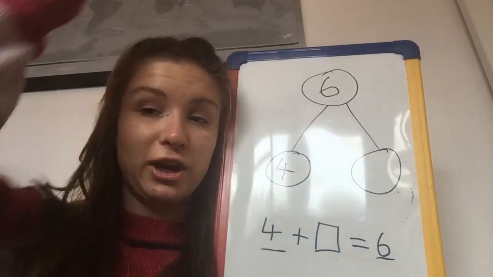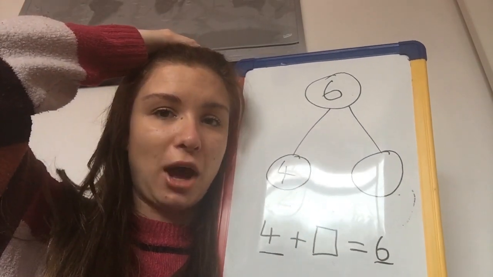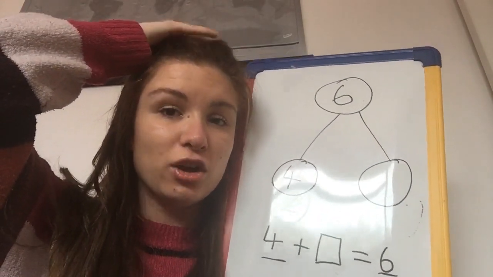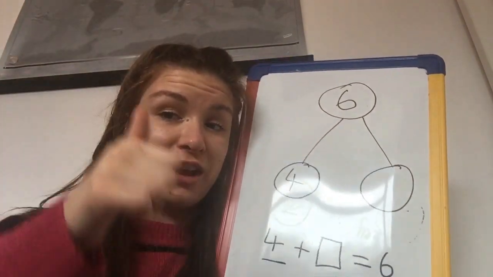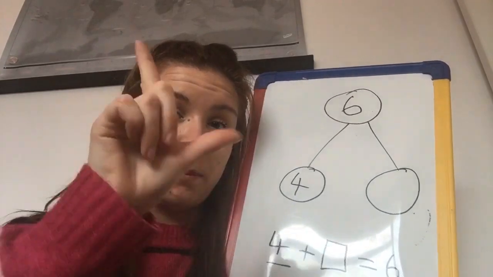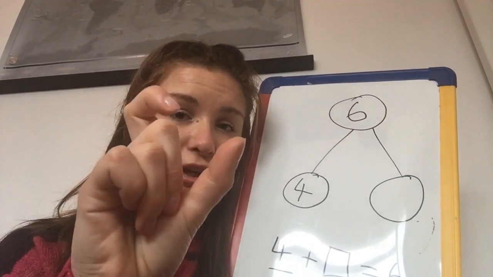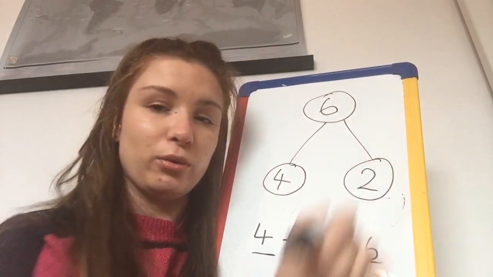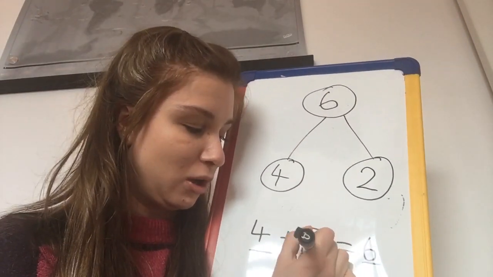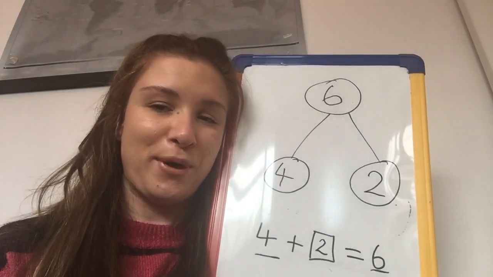So this time we're going to get 4 in our heads and we're going to count up until we get to 6, yes? Remember, you've got to stop me when I get to 6. So we're going to go 4, 5, 6. Stop. How many fingers? 1, 2. So our missing part is 2, which means my 2 goes in the box.